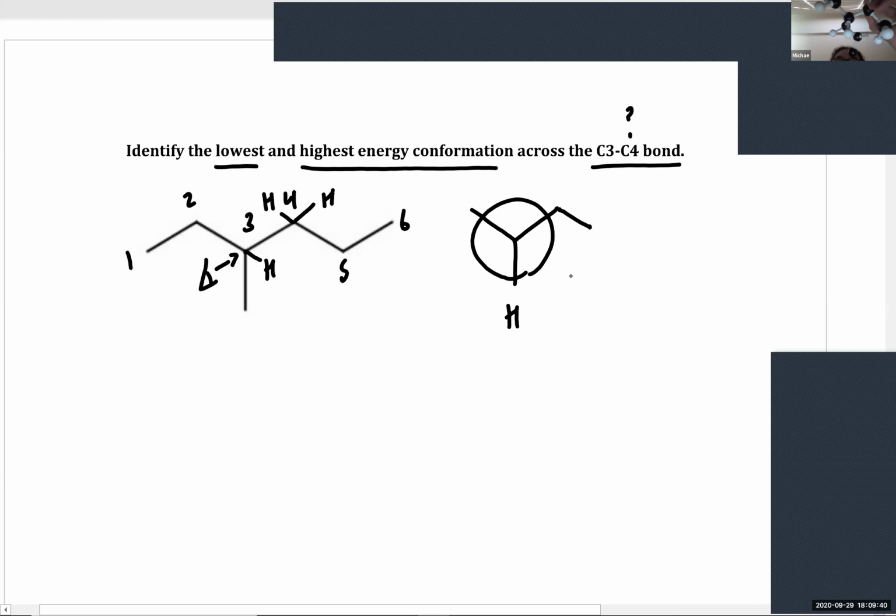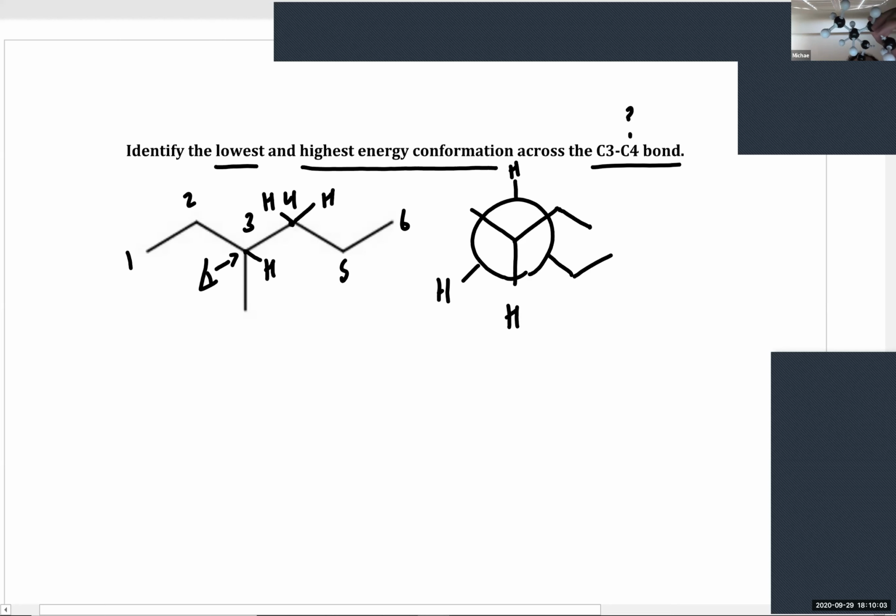An ethyl group, yep. What substituent do we have in the back top? Hydrogen, yep. And in the back left, we have a hydrogen.